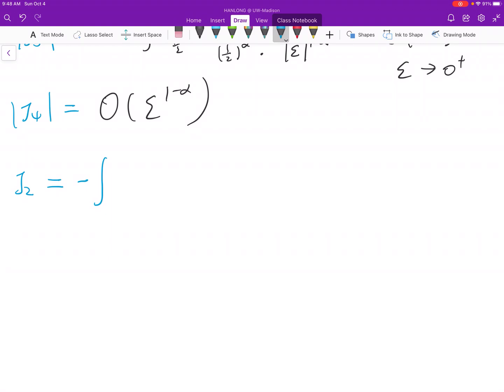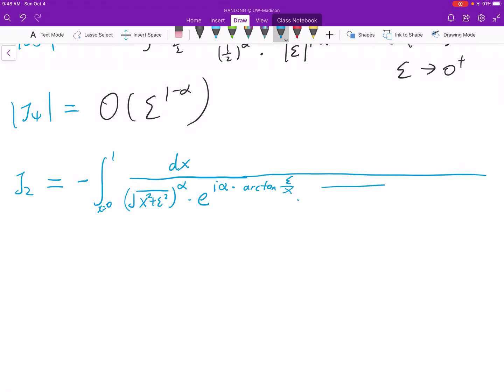So J2 is the integration from 0 to 1 dx, square root of x squared plus epsilon squared to the alpha's power times exponential i alpha times arctangent epsilon over x, times square root of 1 minus x squared plus epsilon squared to the 1 minus alpha's power, exponential i alpha minus 1 times arctangent epsilon over 1 minus x.